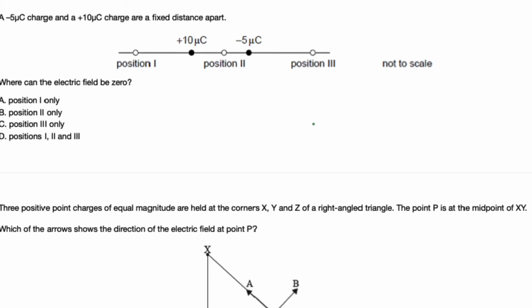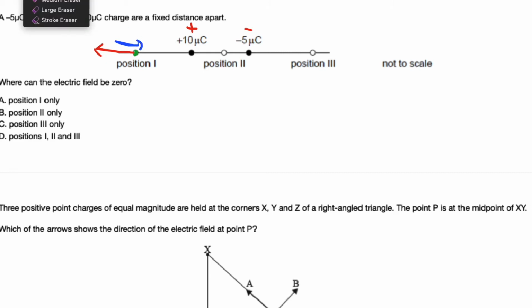A negative 5 microcoulomb charge and a 10 microcoulomb charge are a fixed distance apart. Where can the electric field be 0? So if it is placed at position 1, the positive charge here is going to have an electric field that radiates outward, so it's going to be radiating in this direction. And the negative charge is going to radiate inward, which is going to be in this direction as well.